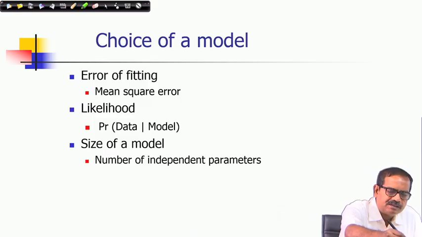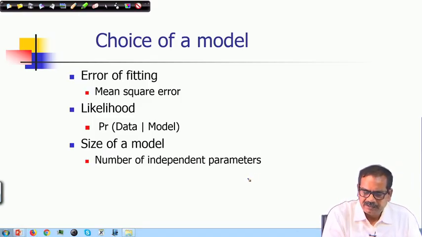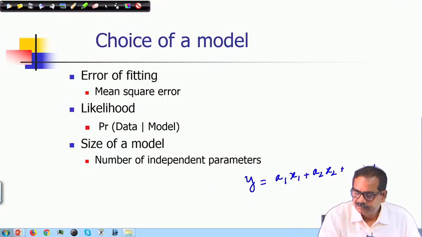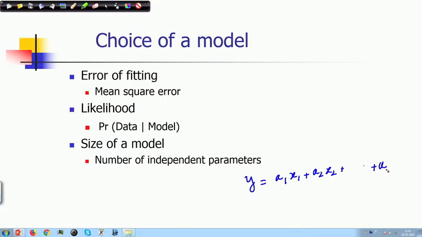In that case, in a linear model, we can write the form of f(x) as y = a1 x1 + a2 x2 + ... + an xn. Suppose your feature vector is an n-dimensional element.